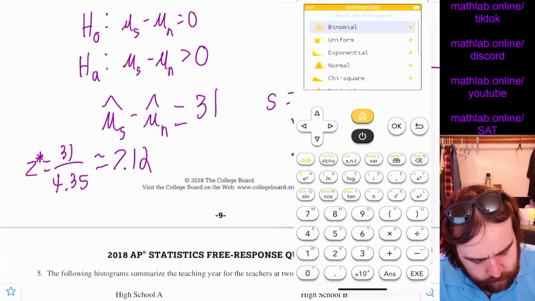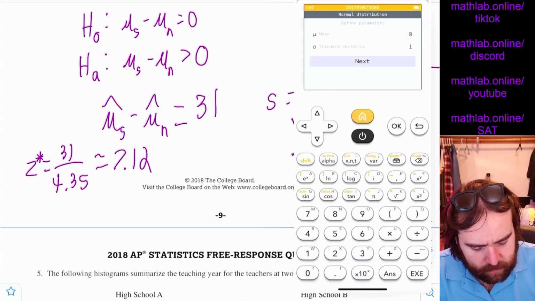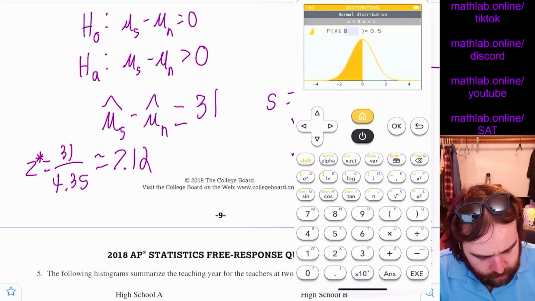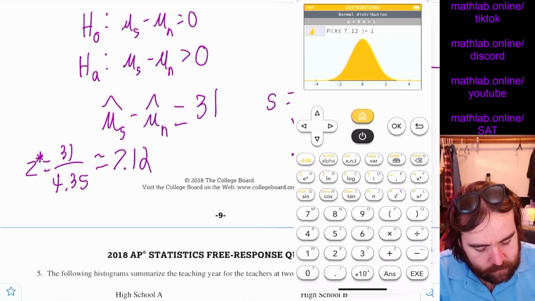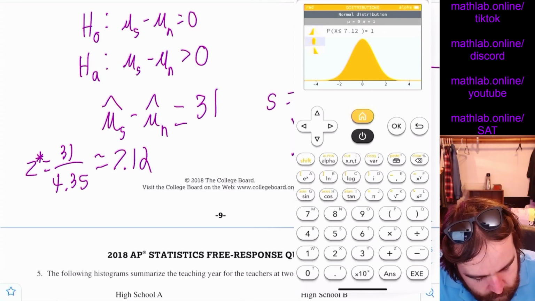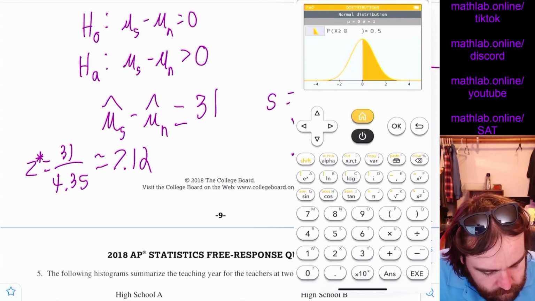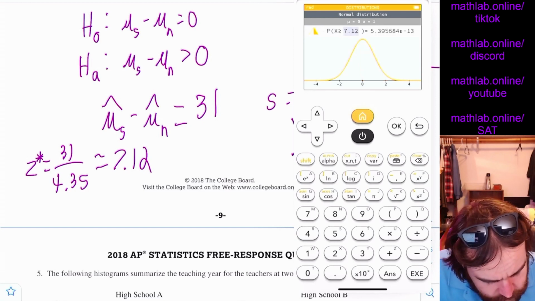So now let's go ahead and finish out by calculating the p-value. We'll go back to distributions, back to normal. We'll just use the z-score. So we'll go mean 0, standard deviation 1, and we'll just pop in the z-score. And we want to know what's the probability that it's that or longer. So we want the other side of it. Oh, I didn't put this in, 7.12. It's very small.